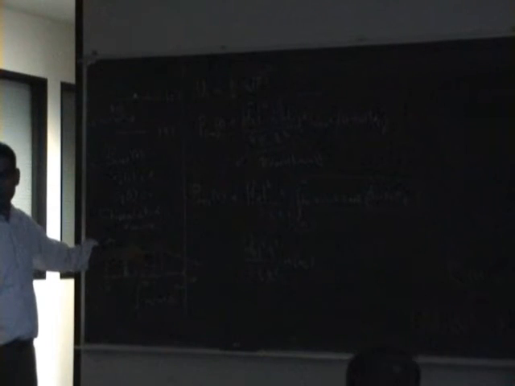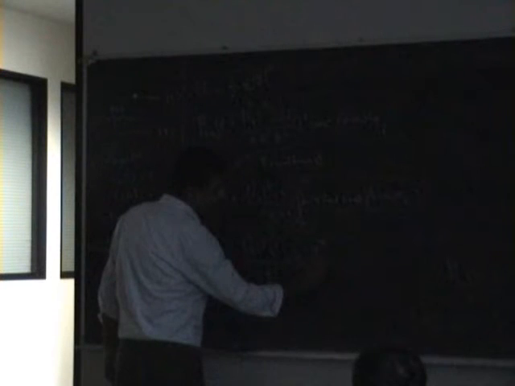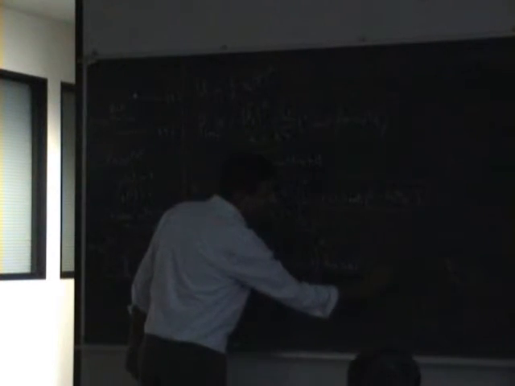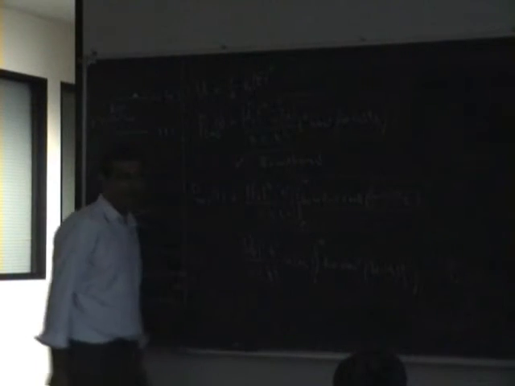u की डिपेंडेंस ऑन ओमेगा क्या है? कुछ भी हो सकती है, u of some omega, लेकिन यहाँ पर u at ओमेगा नॉट है, ठीक है। तो जब ये हुआ, ये 0 से इंफिनिटी dω sinc squared of (ω minus ω naught) t by 2, है ना जी। अब देखो, this is a tightly peaked function, sinc squared is a tightly peaked function, is non-zero only in the proximity of omega close to omega naught.